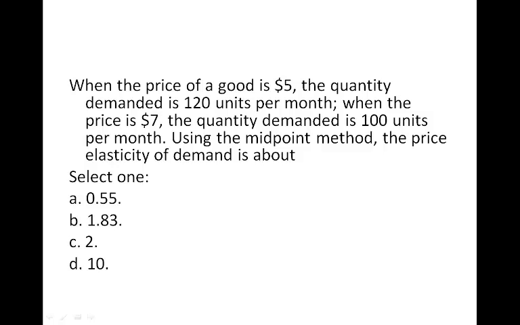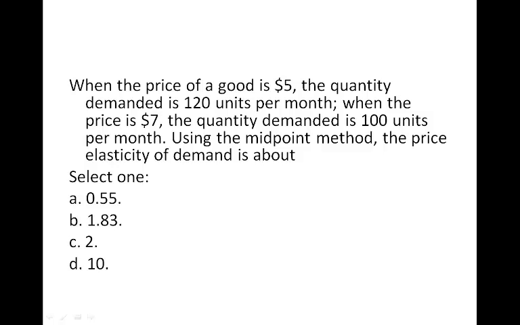The way we find a percentage change using the midpoint method is taking the difference over the average of the two numbers. So for a percentage change in quantity demanded, that's 20 over the average, which is 110. So we have 20 over 110 on the top, and then we're going to divide that by the difference in price over the average price.